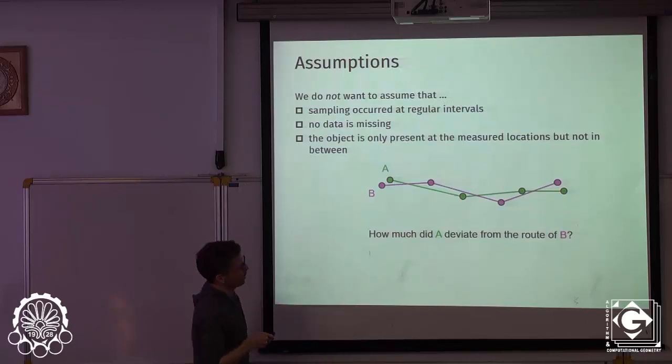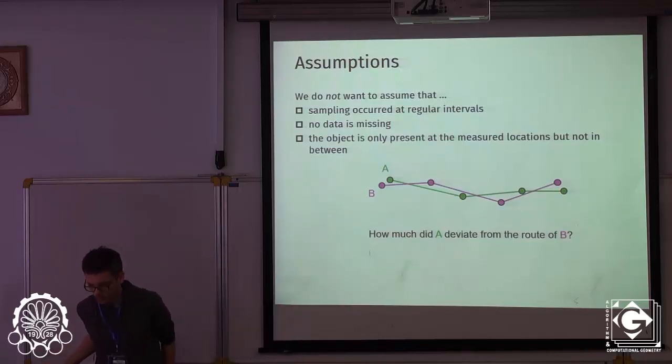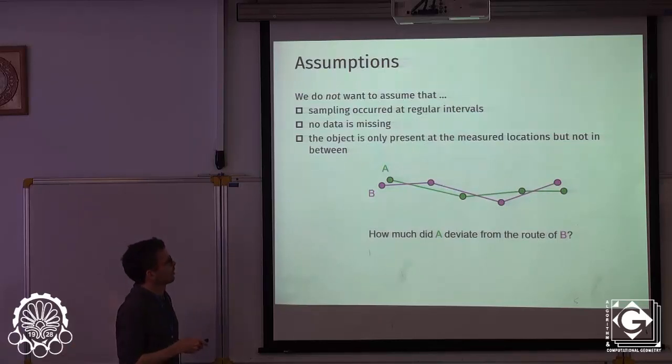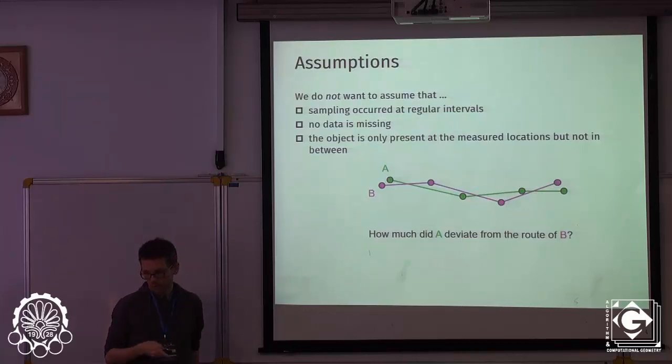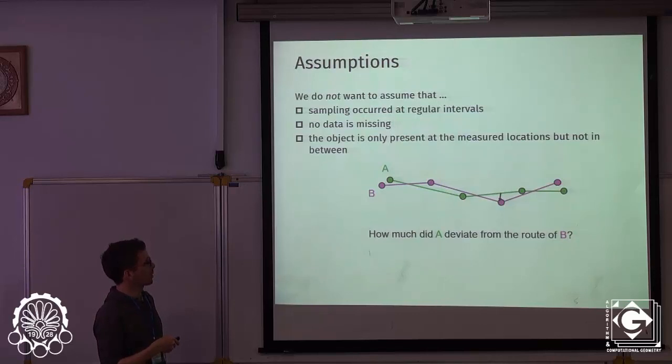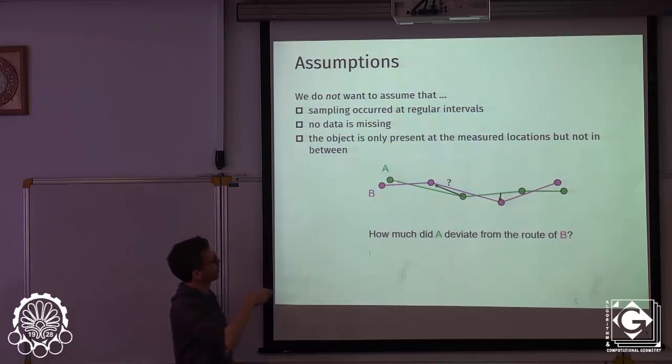The question that we need to be able to address here is, if I want to have a trajectory that represents another one, how much does one deviate from the other? Ideally we want something continuous. What happens if you do simplification?